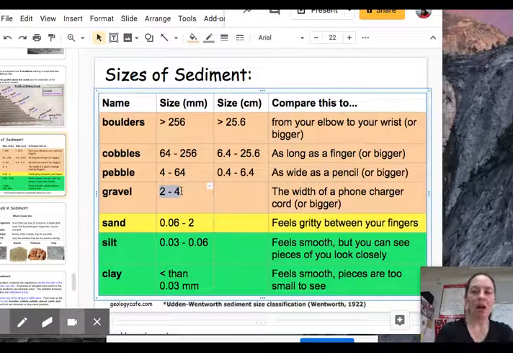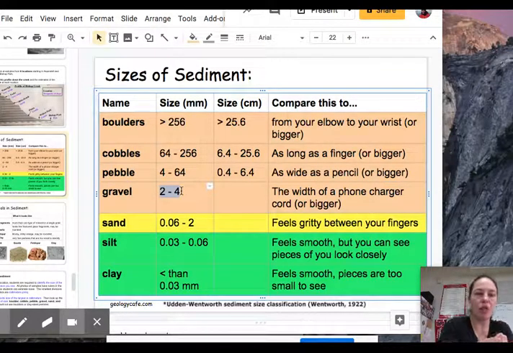Sand is smaller than that. Sand is smaller than the width of this phone charger, and it's so small you can see the grains, but it's hard to measure them. But when you rub them together between your fingers, it feels really gritty. Silt is smaller, so when you rub them together, it's going to feel smooth, but you can still see the particles.